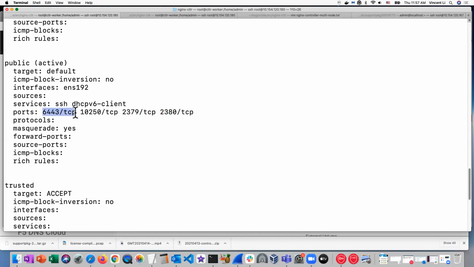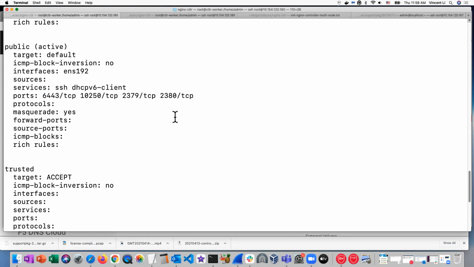And this is for the Kubernetes API server port. So as you know, the nginx controllers are deployed in a multi-node Kubernetes cluster, and all the nodes are master nodes. They are all master nodes, so they also have the API server listening.